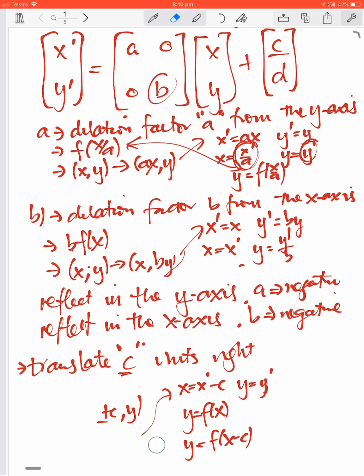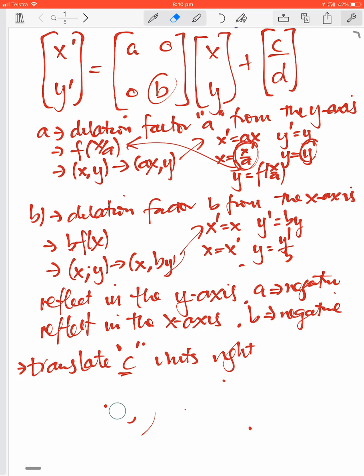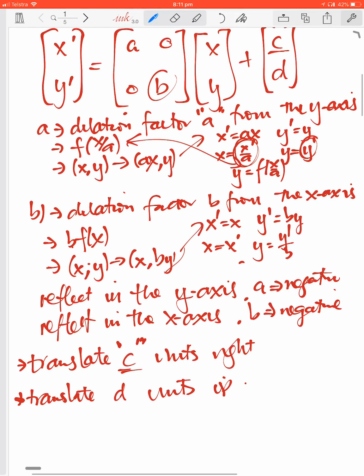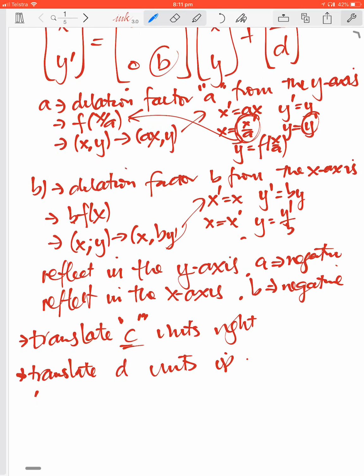And lastly, if I want to translate up and down, and likewise, if that was minus, it just moves it left. If I want to translate d units up, well, our x would stay the same, but in this case our y would be plus d.